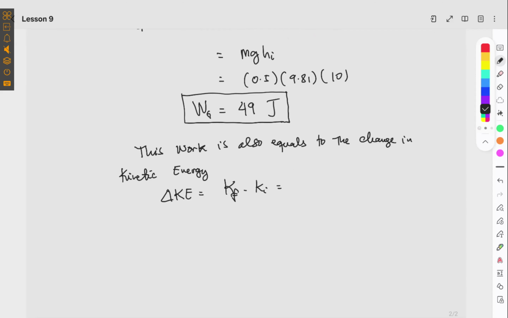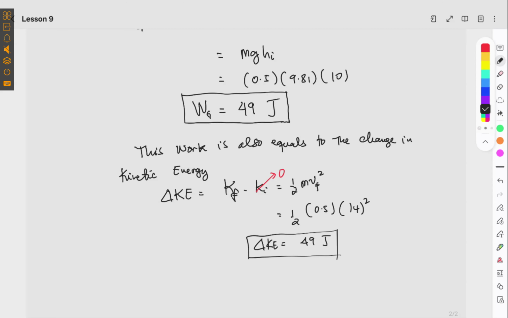The initial kinetic energy is 0, so it will just be one half m v final squared: one half times 0.5 times the velocity, 14, squared. So it will be the same answer, 49 joules as well. So this is why conservation of energy applies, right?